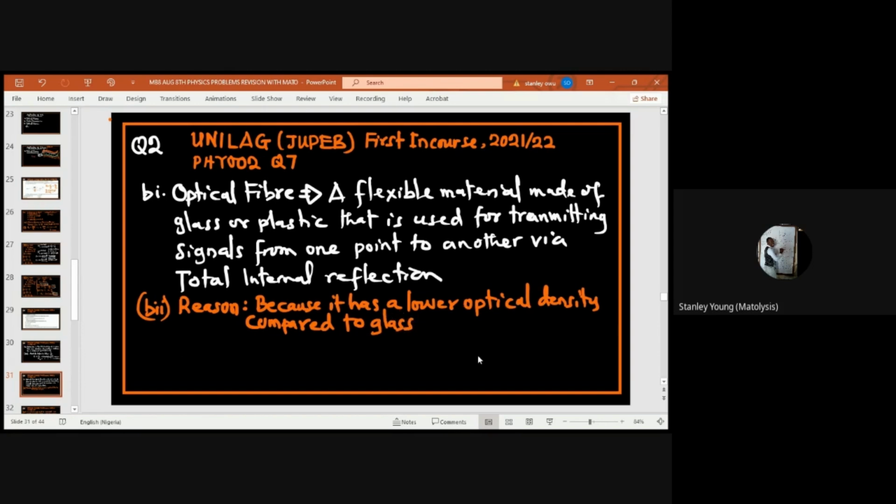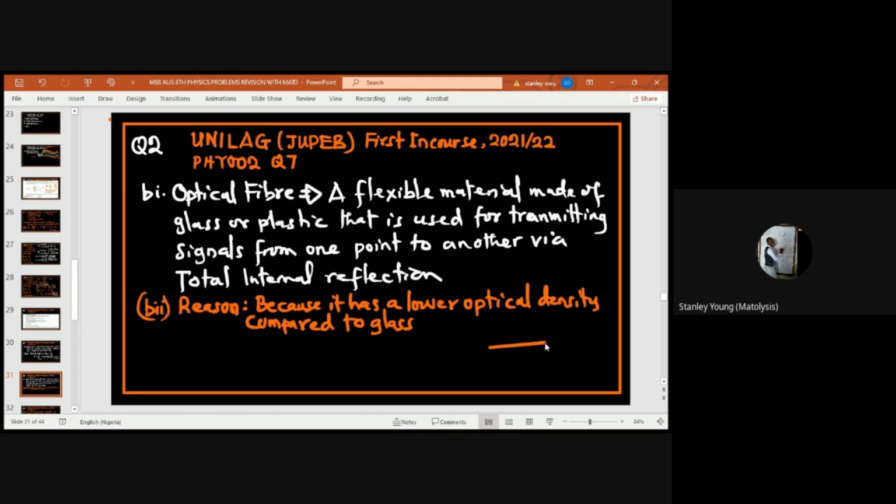Now, if you can recall, optical fiber works on the basis of total internal reflection. And for that to happen, a ray must travel from a region of higher optical density to a region of lower optical density.